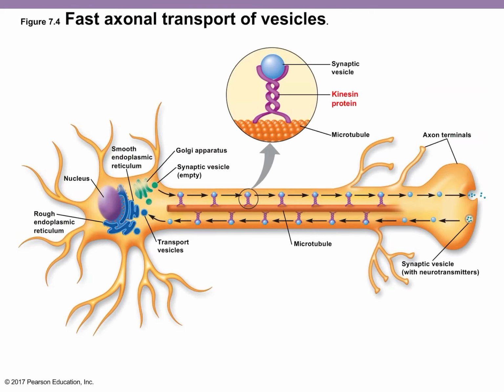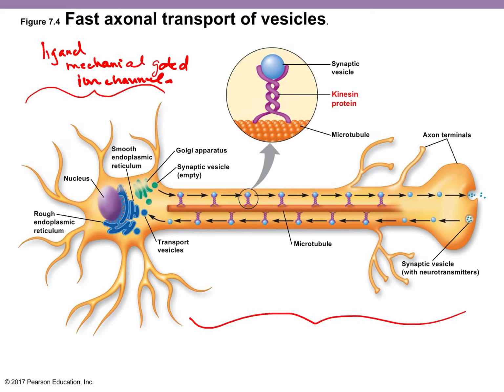So if we add that note here, in this region of the neuron, we'll have either ligand gated or mechanical gated ion channels. And then in the axon, we're going to have voltage gated ion channels. Okay, and that'll become important in a little bit.